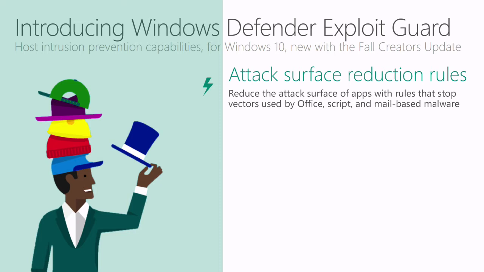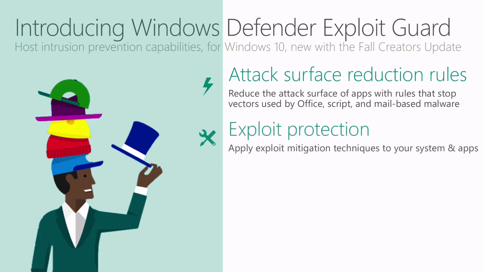For the folks that are familiar with the ASR feature of EMET, what we tried to do is to make that feature a little more robust, a little more on the basis of behavior as opposed to blocking specific processes from loading specific modules. So we tried to make it a little more generic and behavior-based, based on what we saw really in terms of common patterns in malware, common patterns in the attacker landscape. And we'll look at a couple of examples of this just to make that really clear.